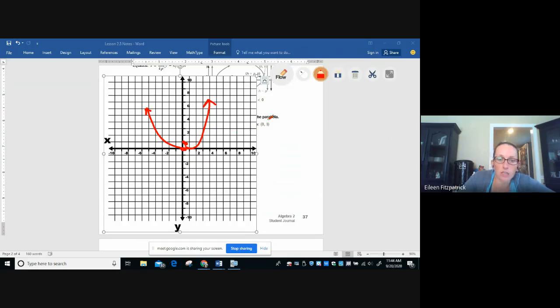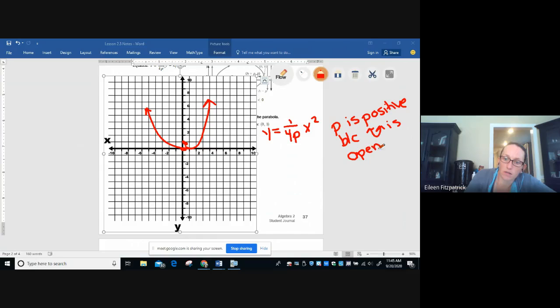So if it's opening up, my equation is going to be y equals 1 over 4p x squared. And p is positive because the parabola is open up. Okay, if it opens up or to the right, it's positive.